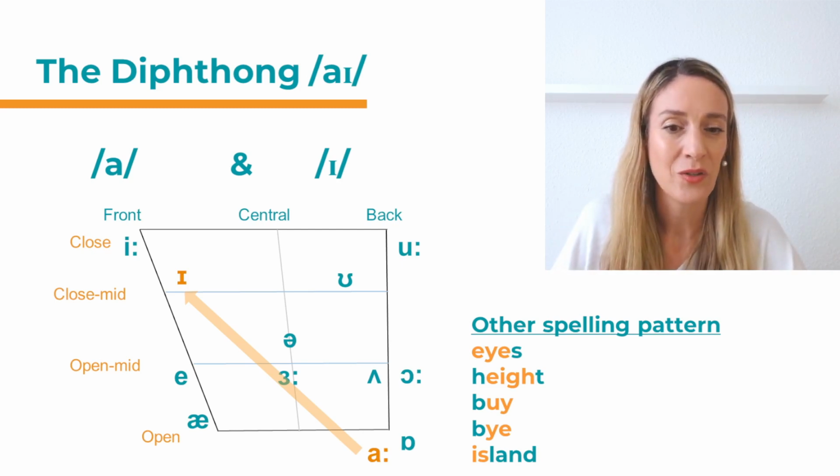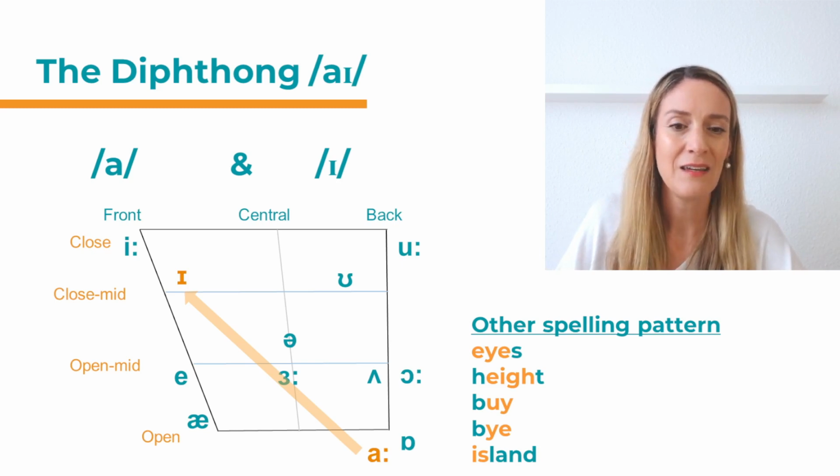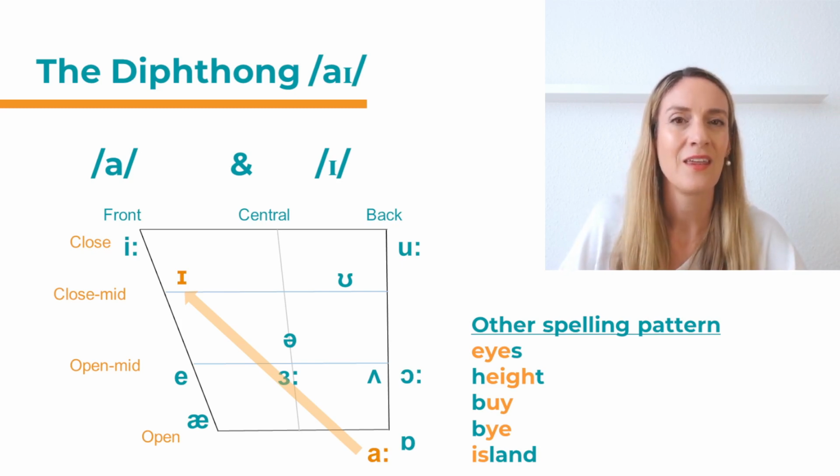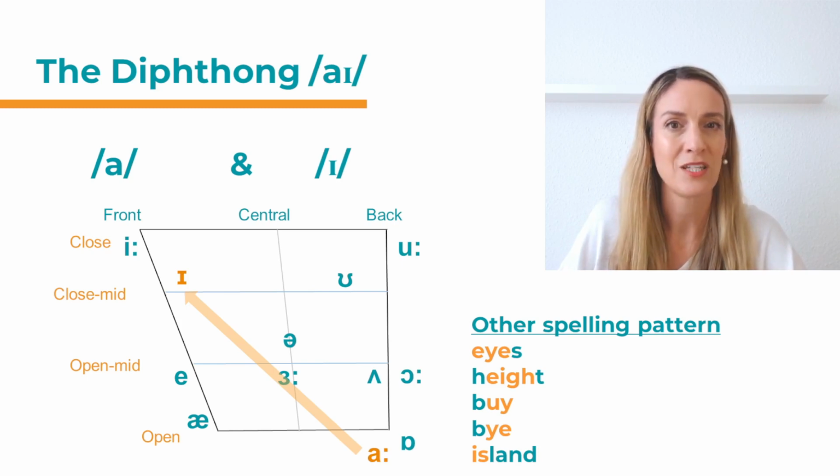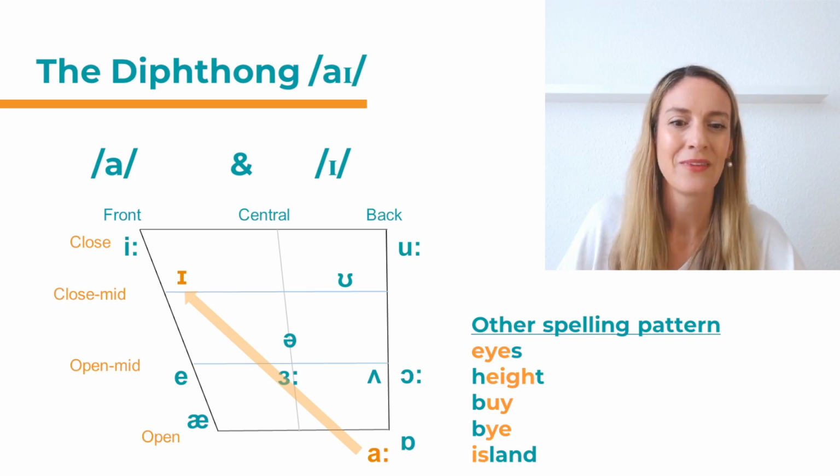Then we have another word, height. Here it looks a little bit similar to our spelling pattern before, only that we actually add an E, so it's EIGH. Then we have the verb buy, UY, buy as in goodbye, YE, and also island, IS. And the S is silent here, it just becomes part of the diphthong /aɪ/. So remember, those words all contain /aɪ/ as well.